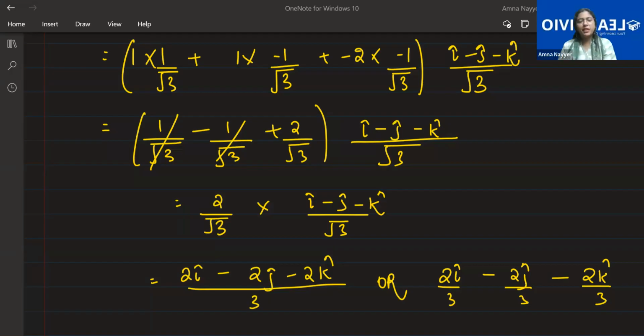How much you are getting, Simran? 2 I cap plus 2j cap minus 4k cap by 6. Okay, Neha, what's your answer? I'm still doing the ending part.